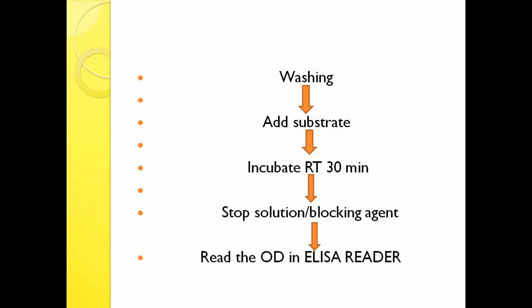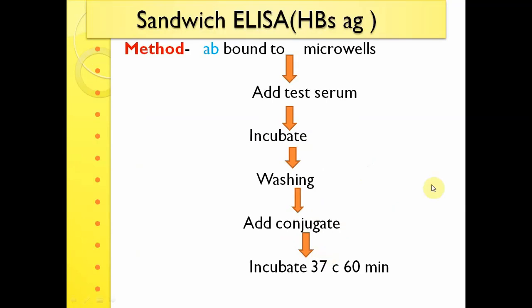After adding substrate, incubate at room temperature for 30 minutes, and finally add stop solution or blocking agent, that is dilute sulfuric acid, which inactivates the enzyme and fixes the color, and finally take the reading in the ELISA reader. So that is about the sandwich ELISA.